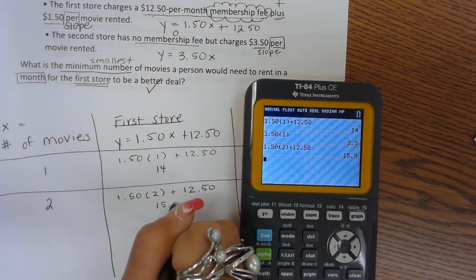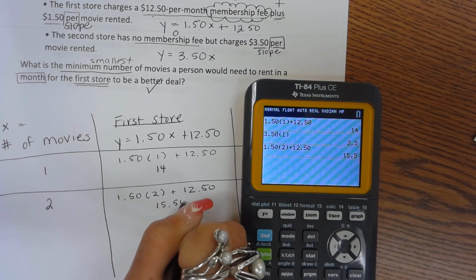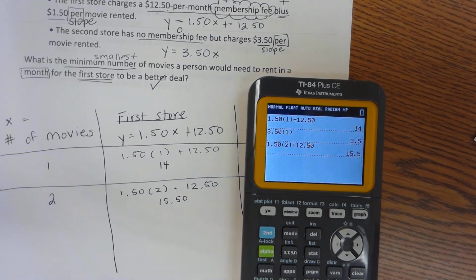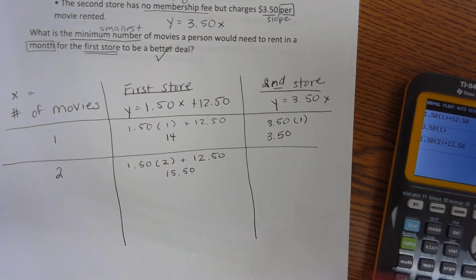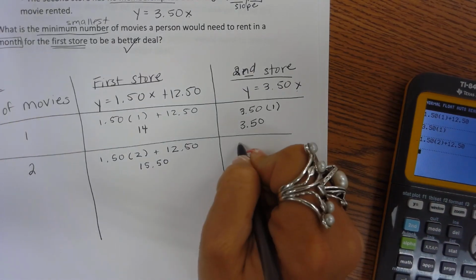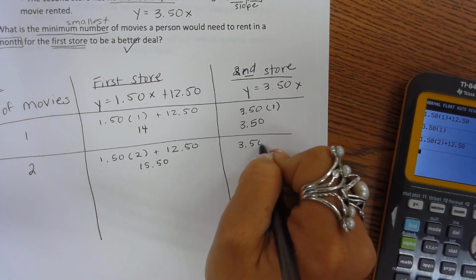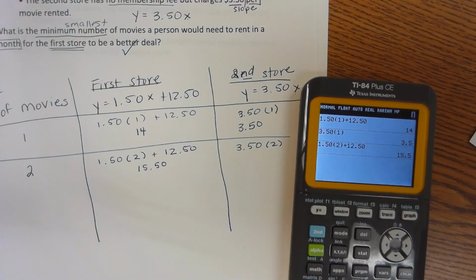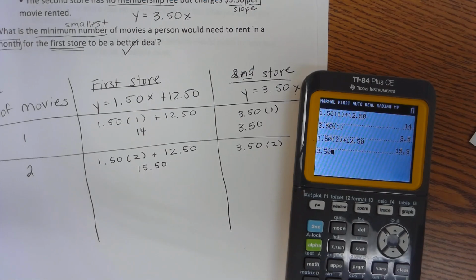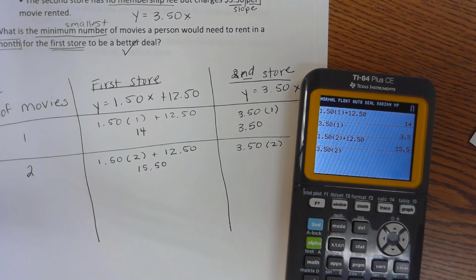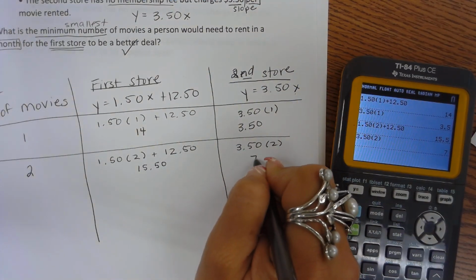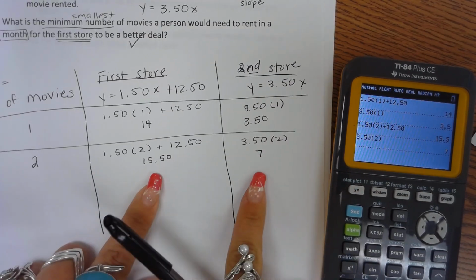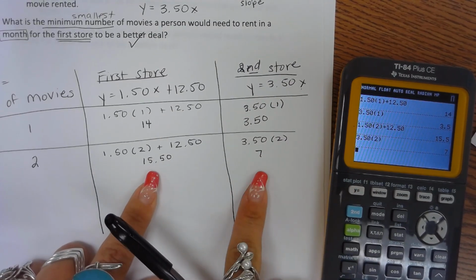And we have 15.5, and we'll add a 0 here for $15.50 because we are talking about money. And let's see what it is for our second store. $3.50 times 2 movies is going to be $7. Is $15.50 a better deal than $7?